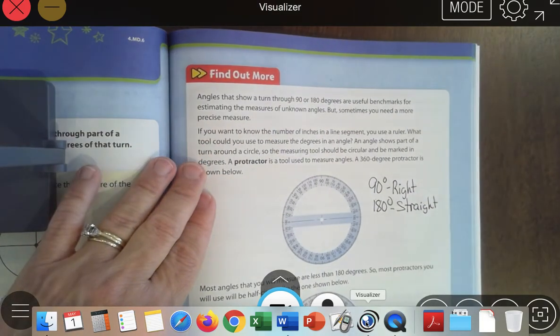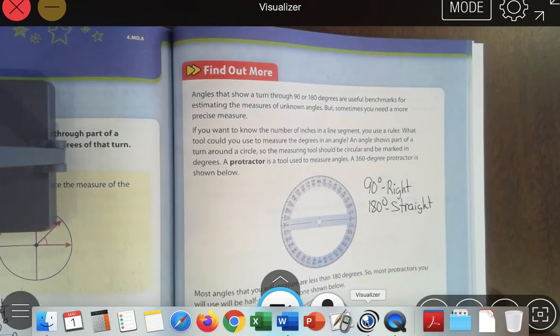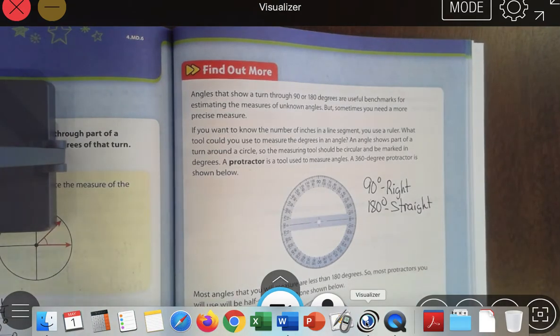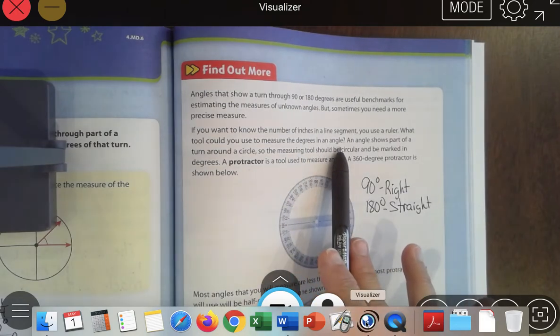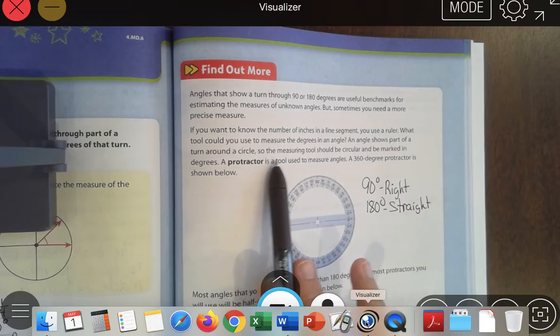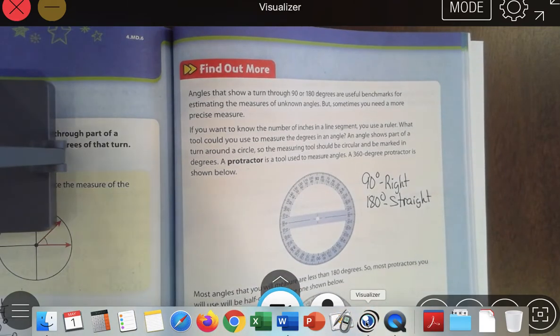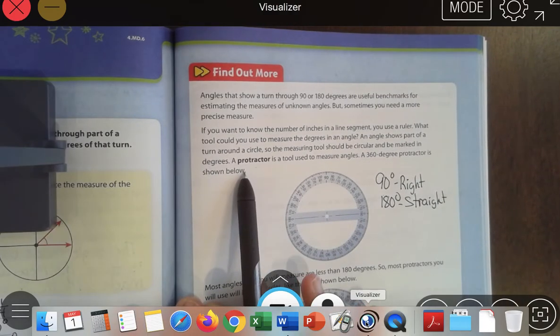But sometimes you need to be a little bit more precise. If you want to know the measure of inches in a line segment, you use a ruler. What tool could you use to measure the degree in an angle? An angle shows parts of a turn around a circle, so the measuring tool should be circular and be marked with degrees. And it is called a protractor.